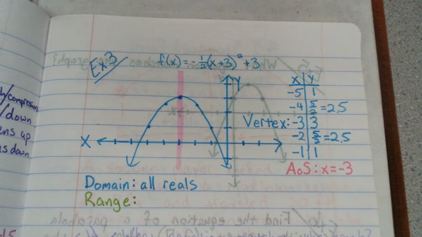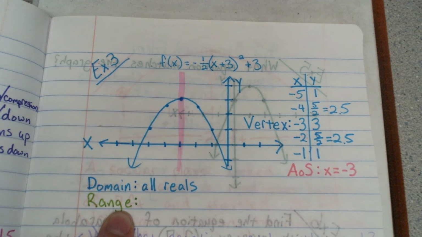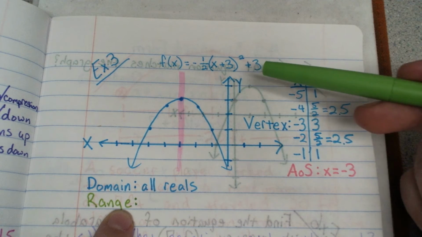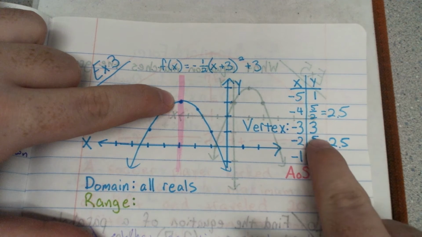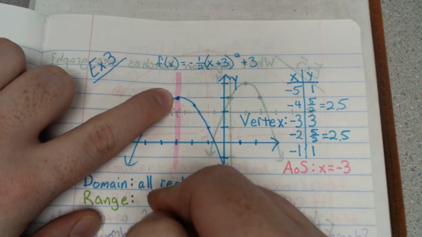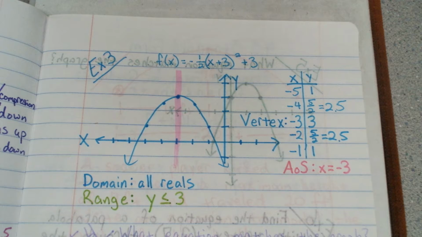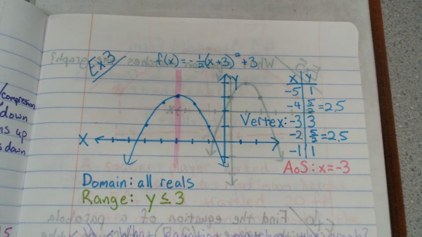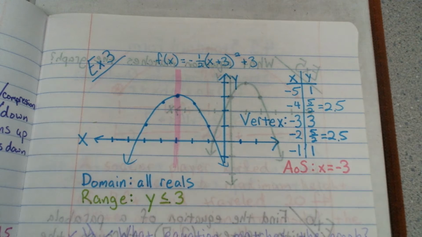And then look carefully at your graph and see what we think the range should be. What is the set of all possible outcomes on this graph, all possible y values? The maximum occurs at 3. So the highest value possible is a 3, meaning our range is all y values less than or equal to 3. We can be 3, we can be less than 3, and that's it.